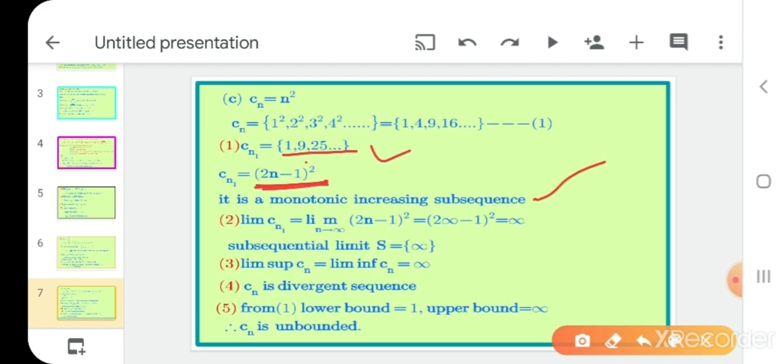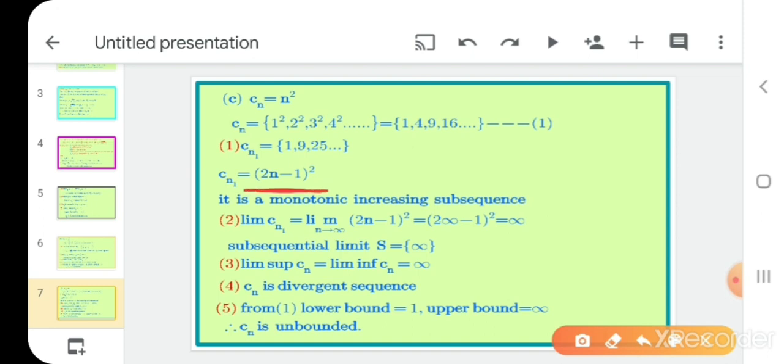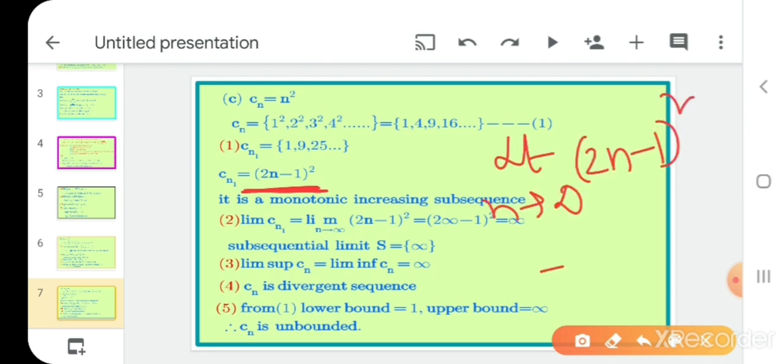Next point. What is the next point? We have to find subsequential limits. See here. Subsequential limits means you have to find the limit of the subsequence. What is the subsequence here? (2n minus 1) whole square. Limit n tends to infinity of (2n minus 1) whole square equals, we put infinity in n's place. 2 infinity minus 1 means infinity. Whole square means infinity.